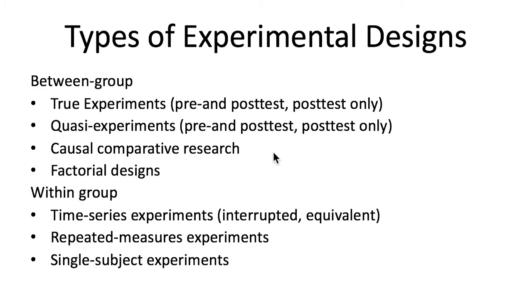In the factorial design, we've already looked at some of these when we looked at ANOVA and the interactions, for example, between cheap and expensive chocolate and light or milk and dark chocolate, and how those two things interacted. For within group, we have time series experiments that are either interrupted or equivalent. We have repeated measures experiments, and then single subject experiments.